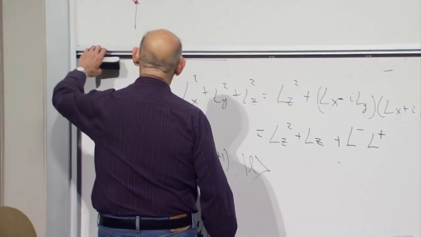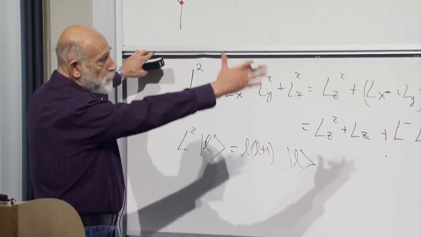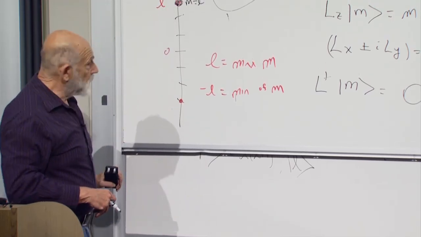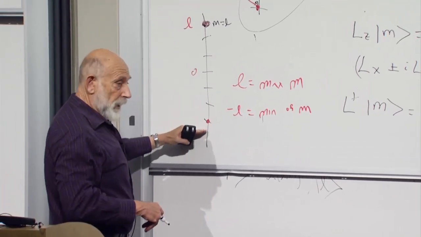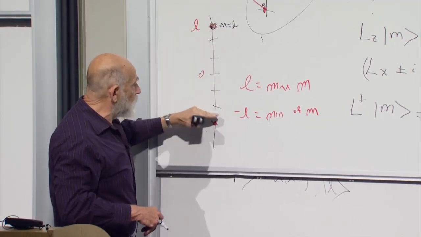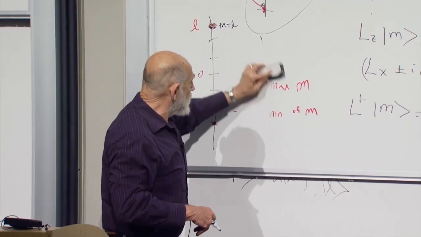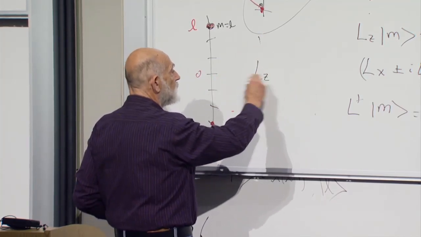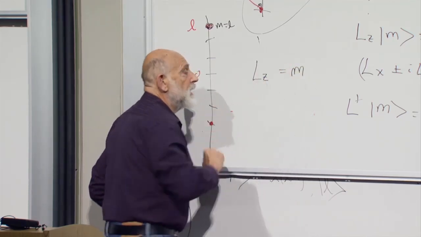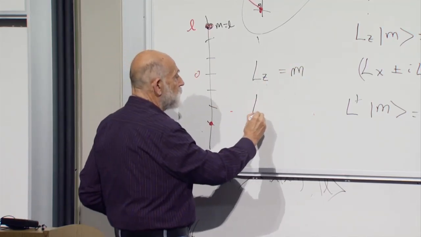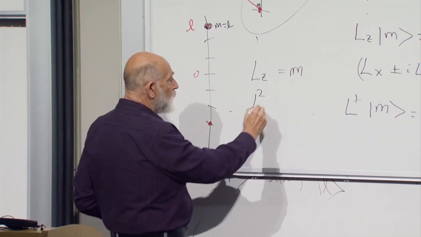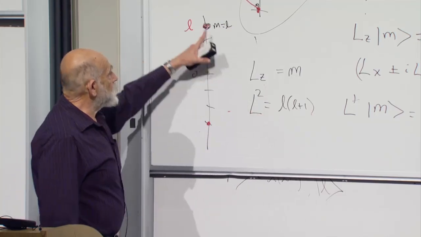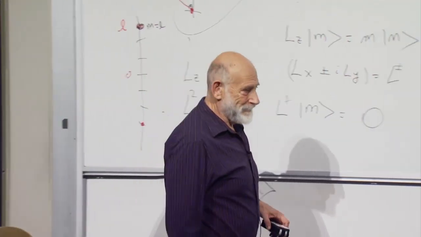All right, so here's what we found from the things that I showed you, plus the little exercise that you can do yourself: when you find a multiplet like this, going from L to minus L, such that there's no more above it and no more below it, you've found not only eigenvectors of Lz, eigenvectors for which Lz is equal to m, but you've also found eigenvectors of the square of the angular momentum with eigenvalue L times L plus 1, where L is just the maximum value of m.